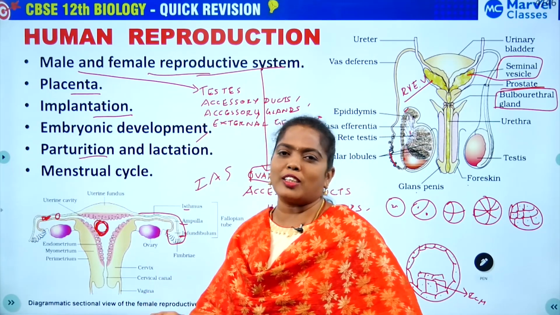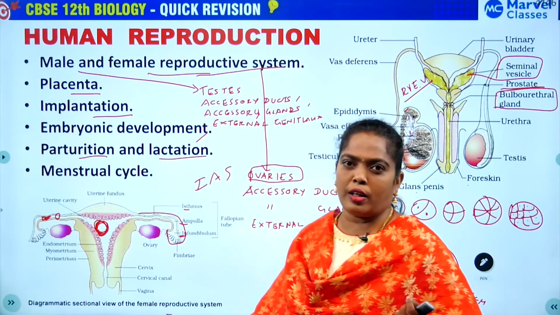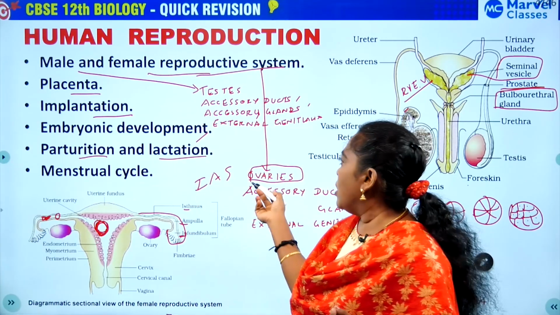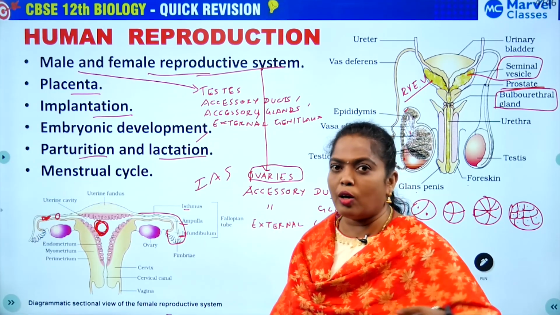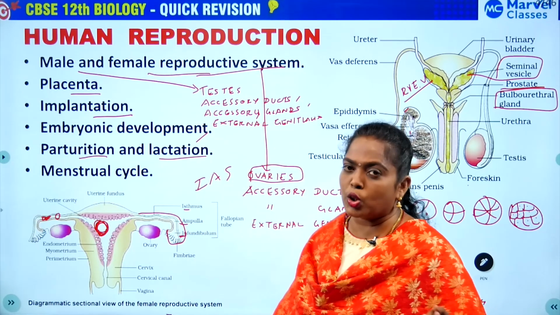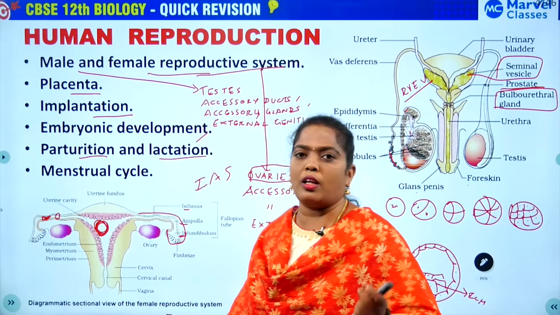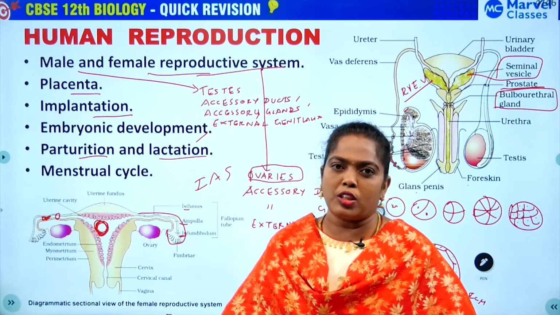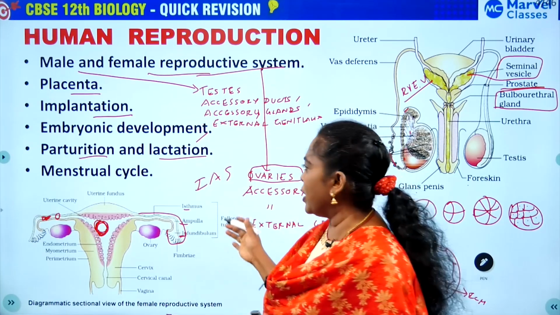Like that you can explain. Then about lactation, you can say HPL, human placental lactogen, helps, and oxytocin helps to let down the milk. The first milk is colostrum, which contains IgA antibody that helps in immunity for the baby for the first 6 months. Like that you can explain.